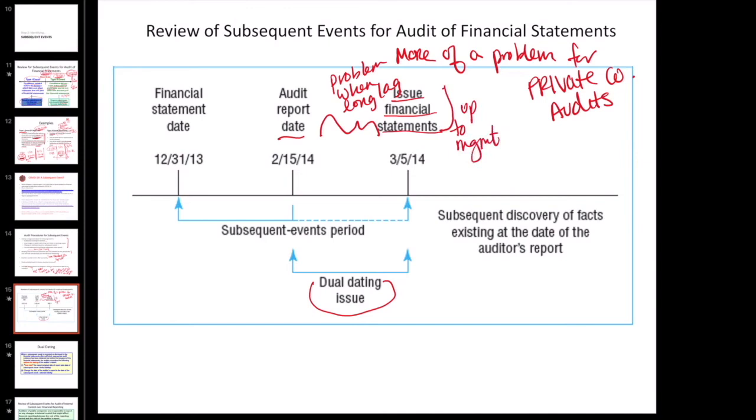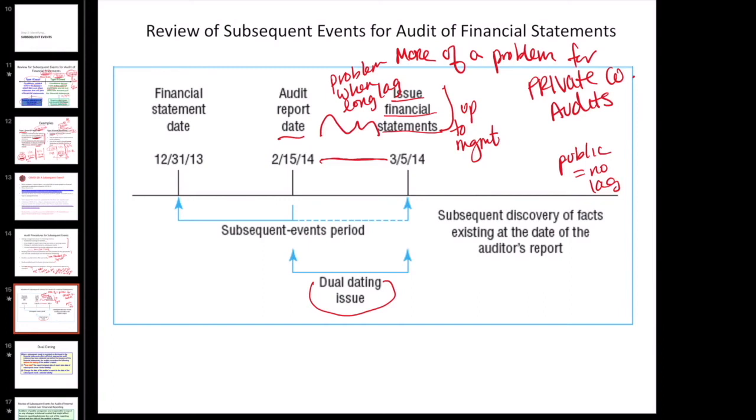Now, if we are doing a public company audit, generally you will not see a lag between the audit report date and the financial statement issuance date. The reason why is because public companies have relatively strict filing deadlines, right? If you look at accelerated filers, large accelerated filers, the accelerated in that means they have to file quickly.